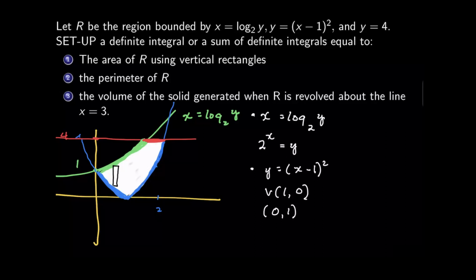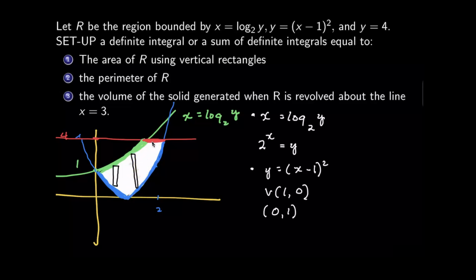This is my rectangle. And then I want to slide this rectangle and see whether I always have the same upper bound and lower bound. So when I slide this rectangle over here, it's still the same, right? Green and then blue here.